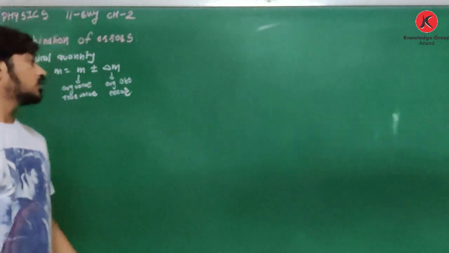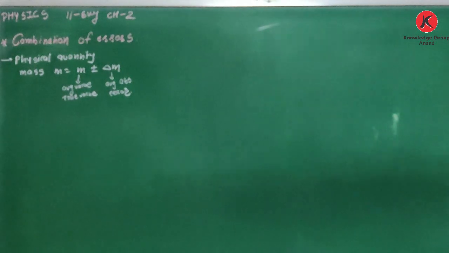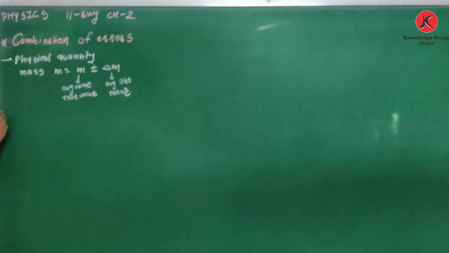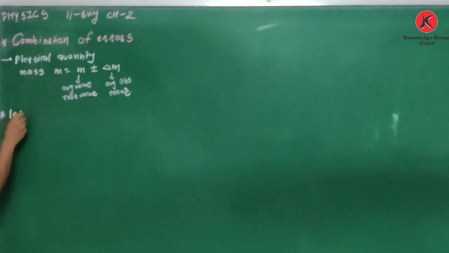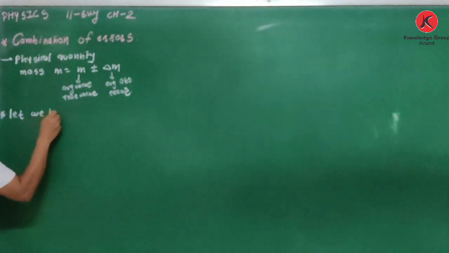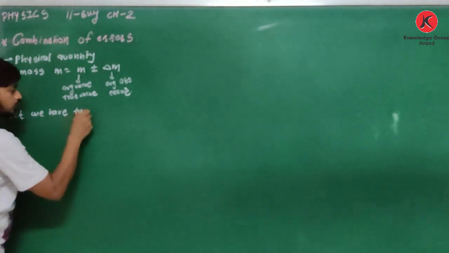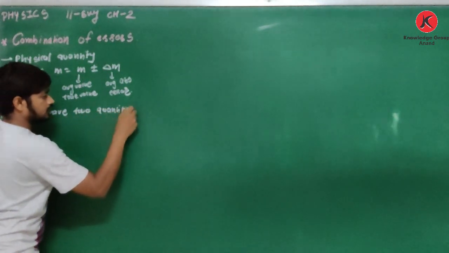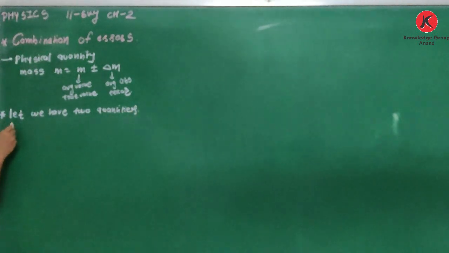Now for combination of errors, first of all I am assuming two quantities. Let us have two quantities. First one, A. So how to write A?